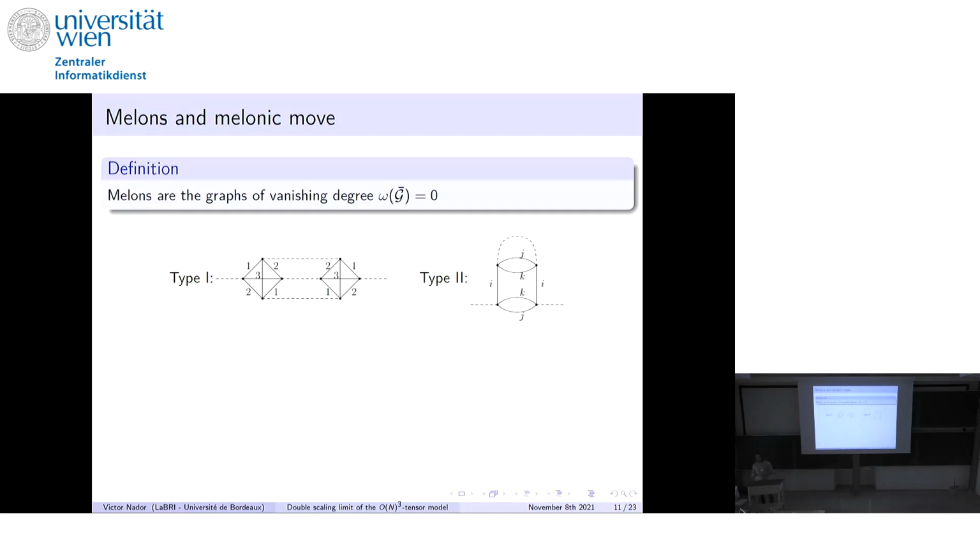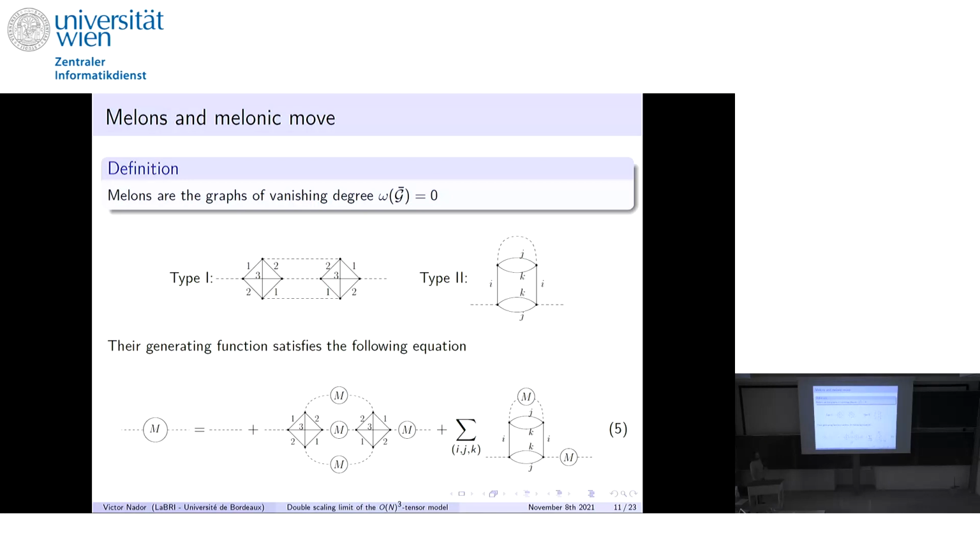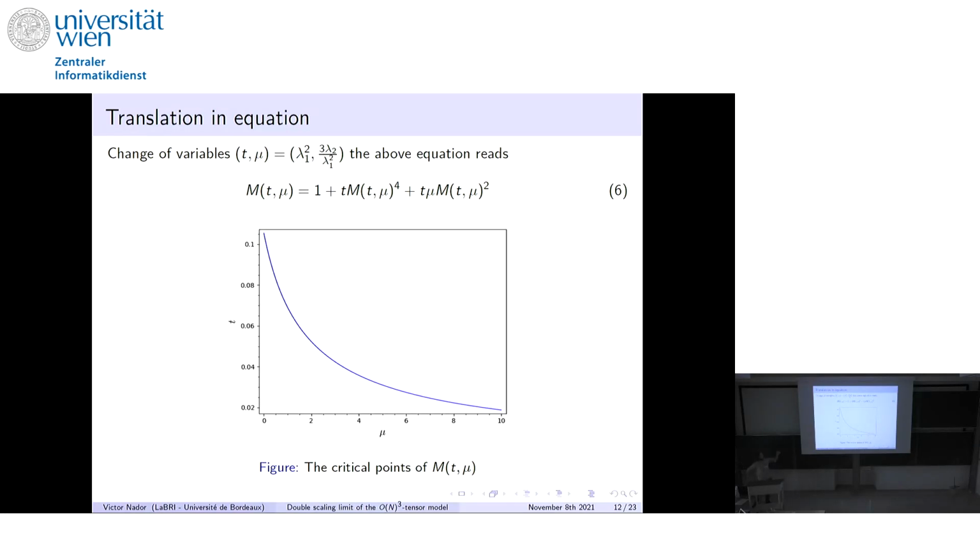And actually, we are able to prove that these are the only way you can build a graph of vanishing degree. So this gives you a diagrammatic equation for the leading order. Now I can translate this diagrammatic equation into an actual equation, and I can plot the critical point for this function. Using the Lagrange inversion theorem, we have access to the behavior when approaching one of the critical points.